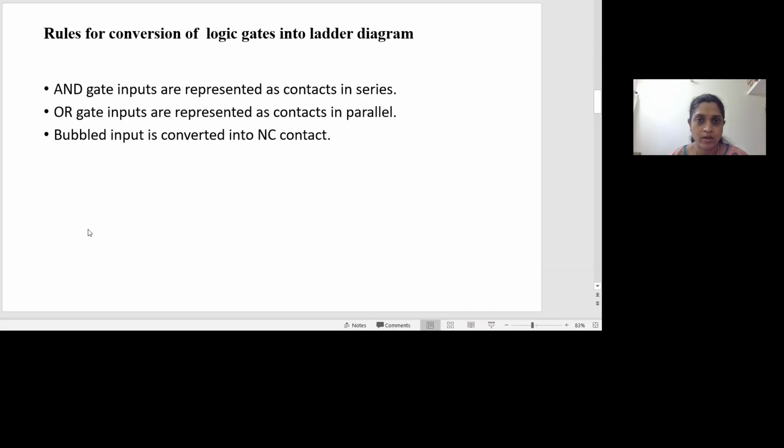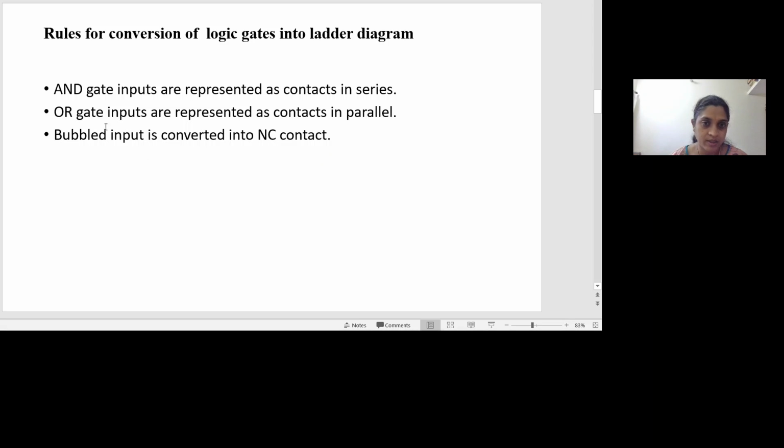Now let me go to some of the basic rules which you should know when you are converting a logic gate into a ladder diagram. When I have an AND gate, the inputs of the AND gate are represented as contacts in series. If an AND gate has two inputs, the two contacts are shown in series. If an AND gate has four inputs, the four contacts are shown in series.